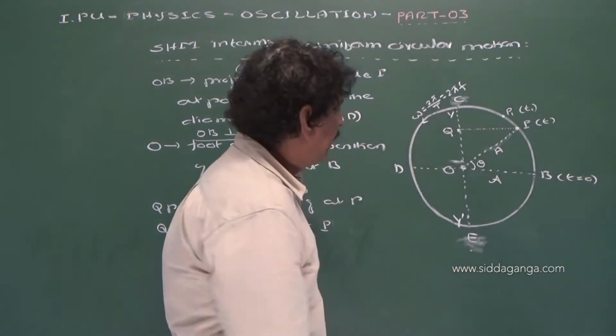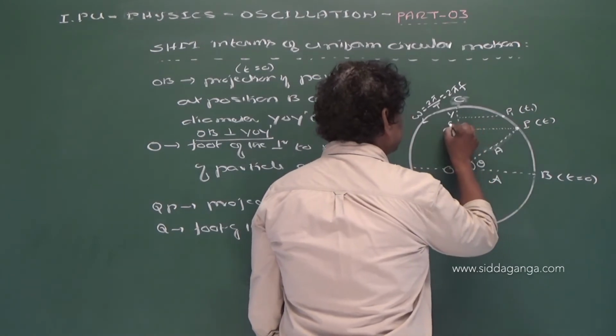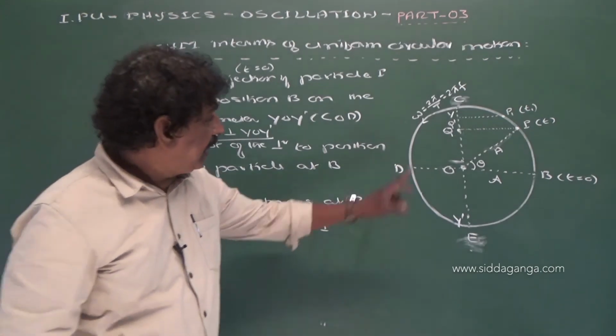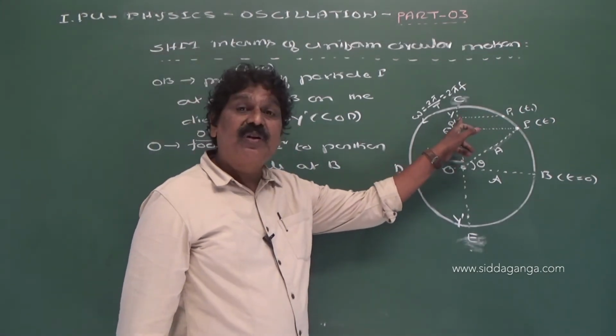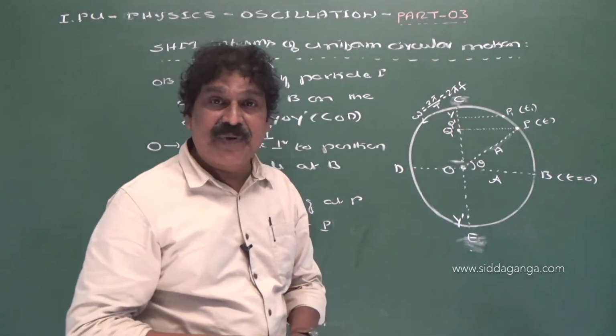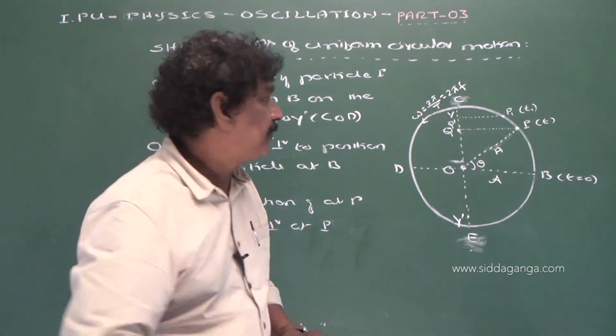Now, this Q dash is the position of the foot of the perpendicular on that diameter.